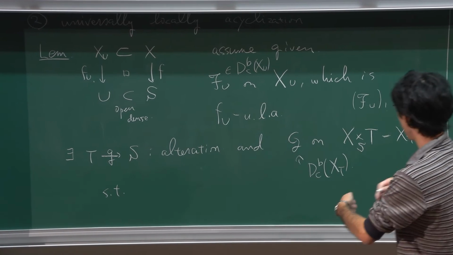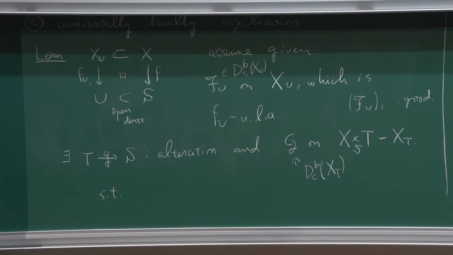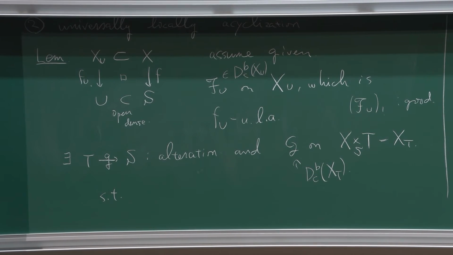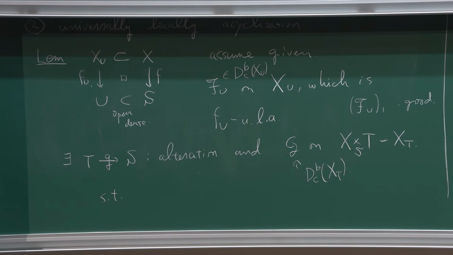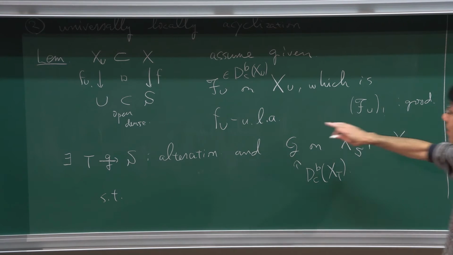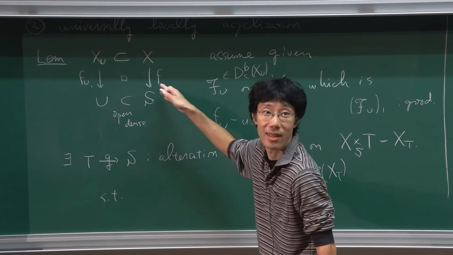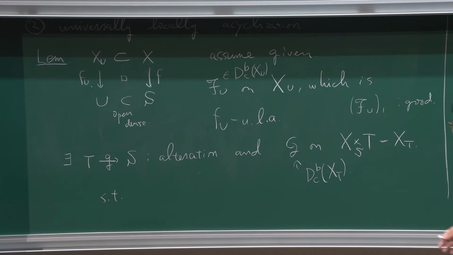So I use Orgogo first to make it good, and then I take a finite cover to make it universal. This is extension by zero to S. Exactly. So if you're in a good situation, then a finite cover is enough.